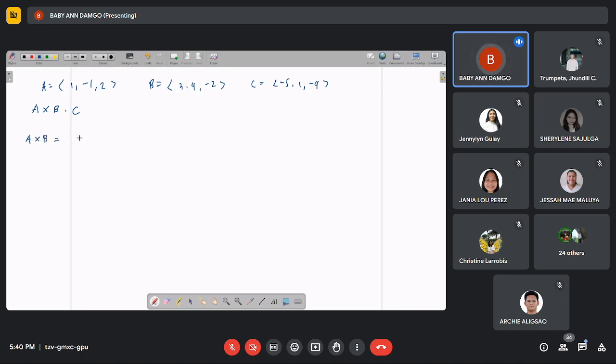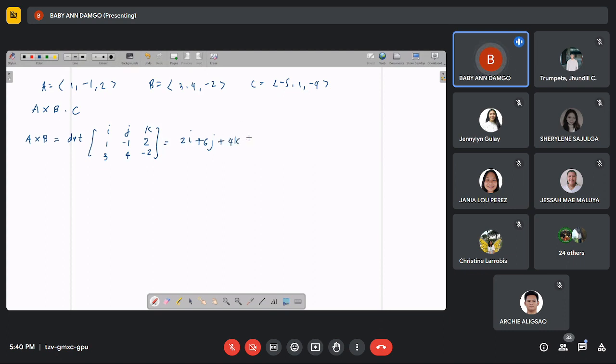So this is the determinant of I, J, K, and then 1, negative 1, 2, 3, 4, negative 2. So this is 2i, and then we have plus 6j, and then we have 4k.